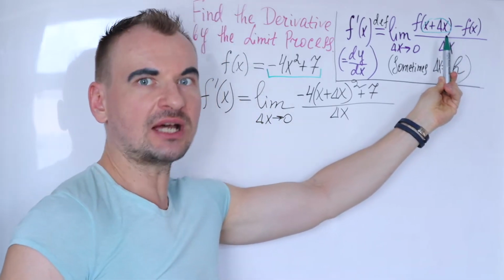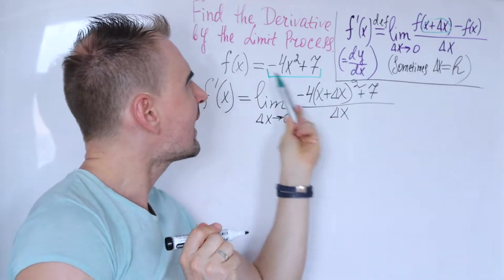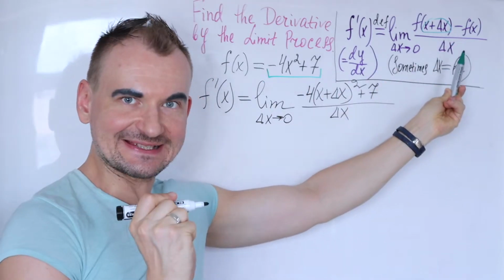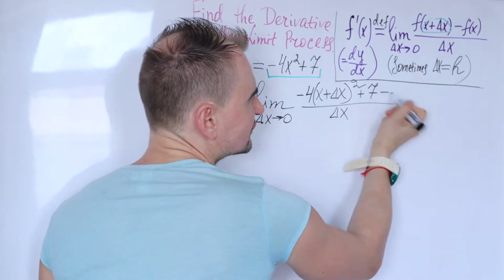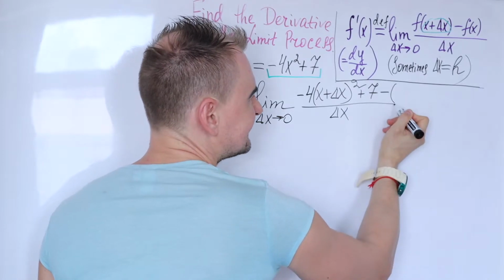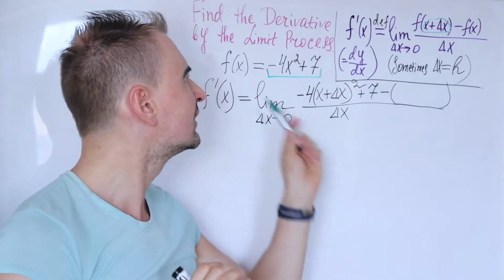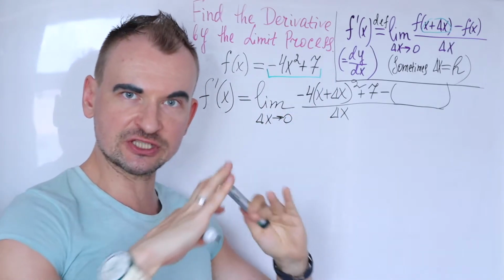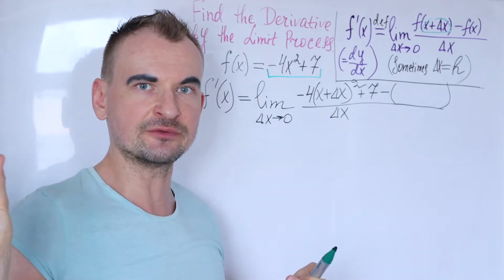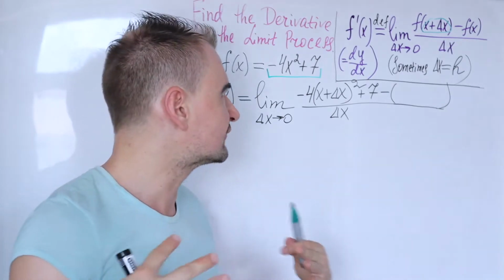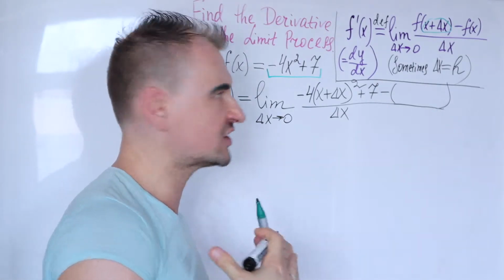And we are not done with the top, so we need to subtract f of x as is, the same function, the same equation. I would suggest you draw the parentheses, since it's always negative, and when you open up the parentheses, the signs in front of your terms have to be flipped. So draw the parentheses to be safe. It's better to be safe than sorry.